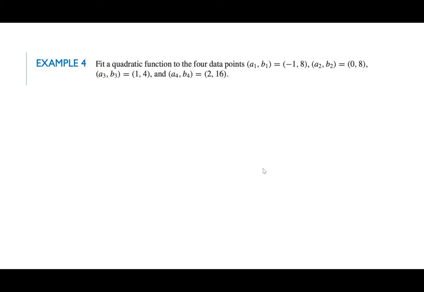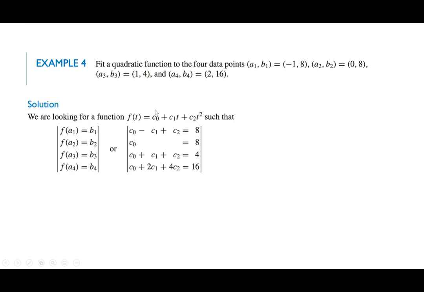So, okay, let's look at this example. We want to fit a quadratic function to the 4 data points that are given here. What that means is we want some function that is quadratic, so C0 plus C1t plus C2t squared, such that f of a1 is b1, f of a2 is b2, f of a3 is b3, f of a4 is b4, which gives you a system like this.